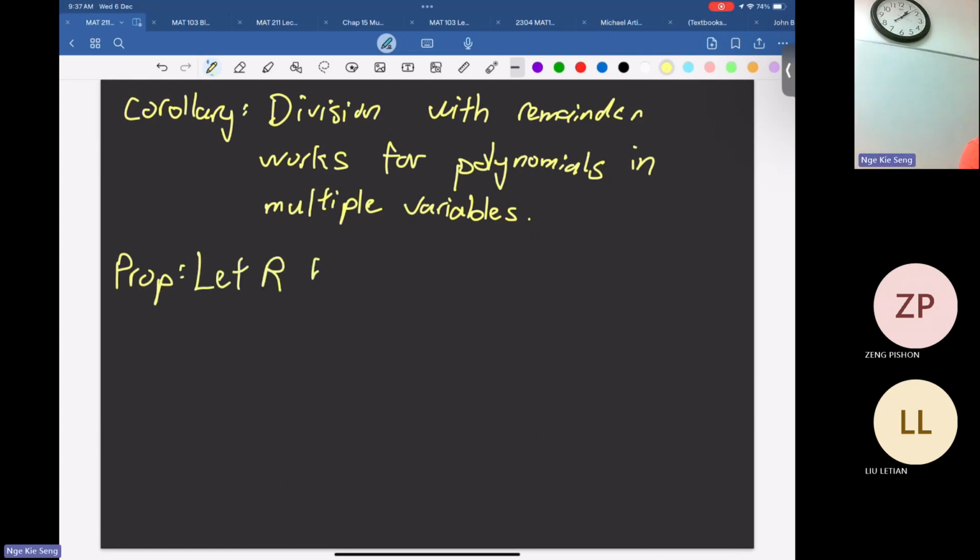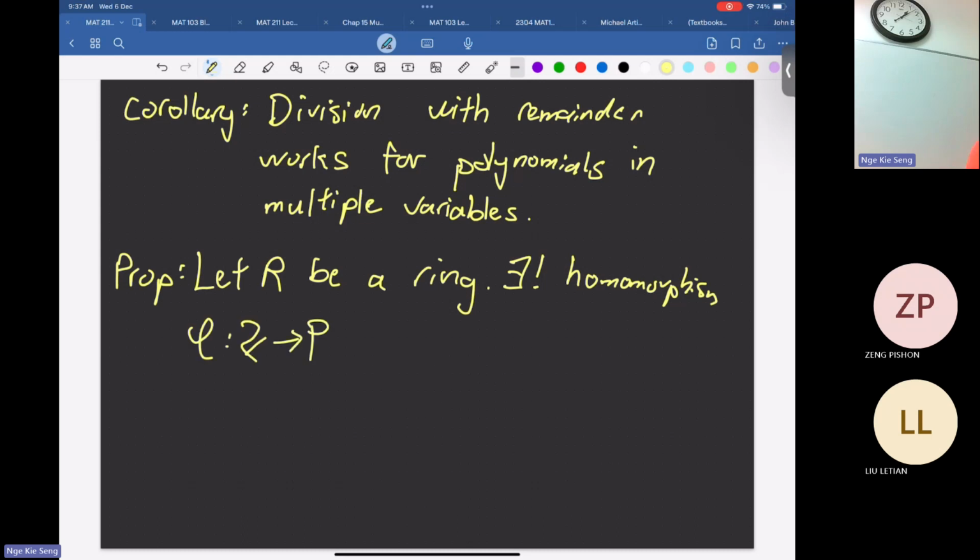Okay, and continue. Let R be a ring. This is a very important proposition because it tells you that there's always a unique homomorphism from the integers to a ring. Why?